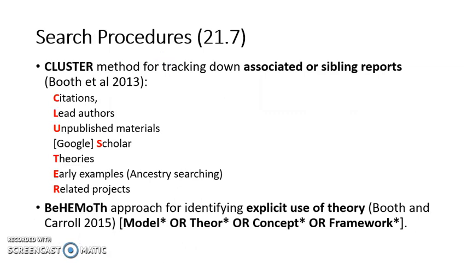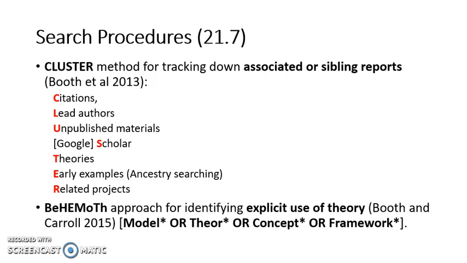In terms of search procedures, the cluster method has been suggested as a novel way of finding associated or sibling reports, and this essentially uses 6 different methods for pursuing leads from a key or index article, and also involves searching for accompanying theories. So that's the 7 ingredients of the cluster approach.